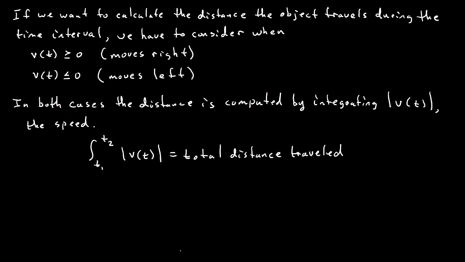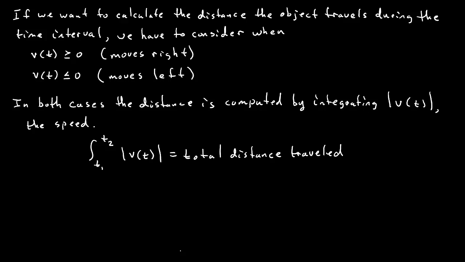All right, so let's look at some more. If we want to calculate the distance the object travels during the time interval, we have to consider when the velocity is positive and when the velocity is negative. When the velocity is positive, it moves to the right, and when the velocity is negative, it moves to the left.